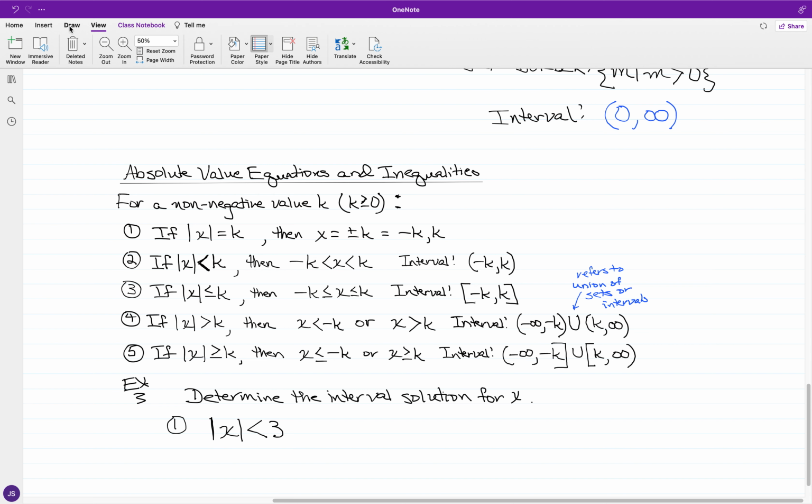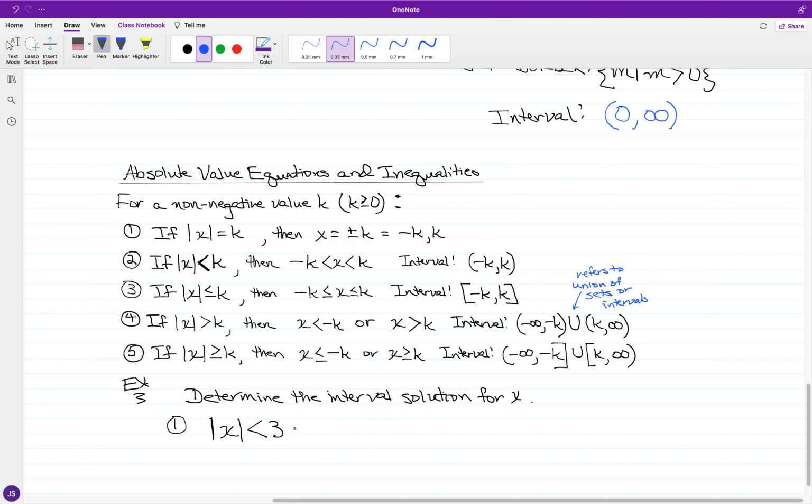In terms of which of the scenarios will be drawn, you've got the absolute value of x by itself and less than 3, so your k value is already 3. So this would be an application of case number 2.